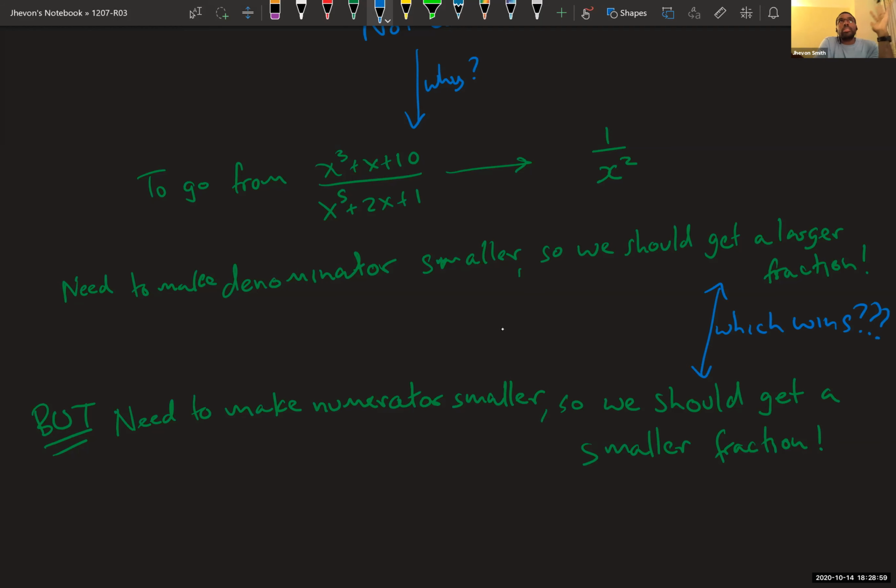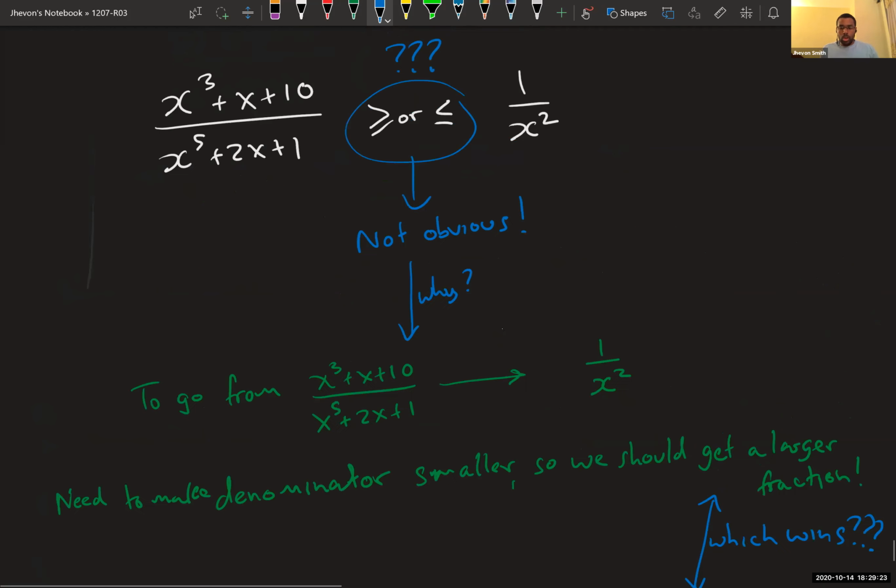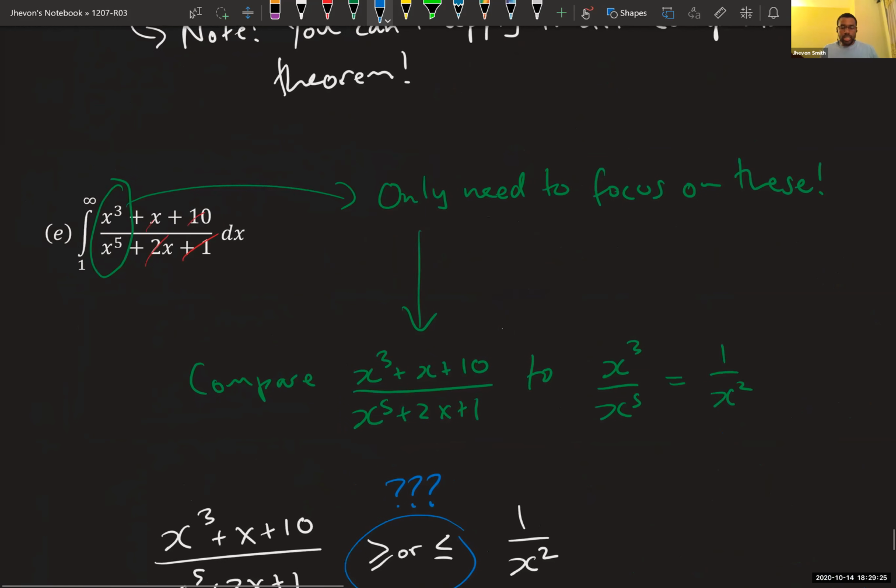Would reducing the numerator by x plus 10 be a bigger change than reducing the denominator by 2x plus 1? I mean, they're both linear functions. As x is going off to infinity, they're roughly the same. I don't know which is going to be a bigger change as I go off to infinity, right? It's just not obvious.